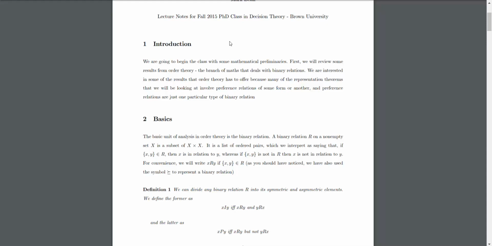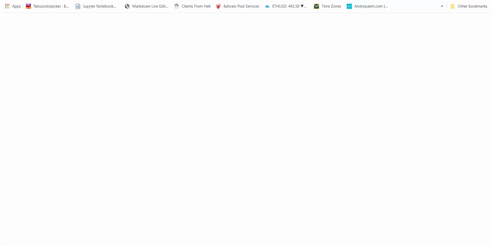In order theory, the main unit is called the binary relation. Binary relation just means one-to-one.